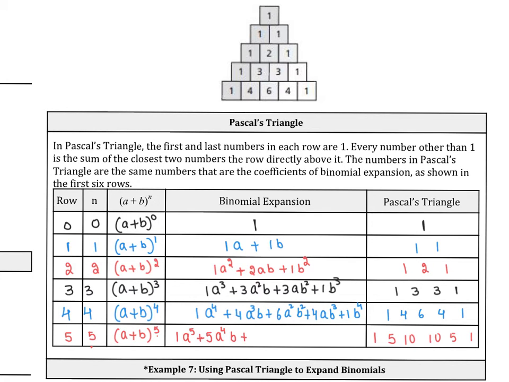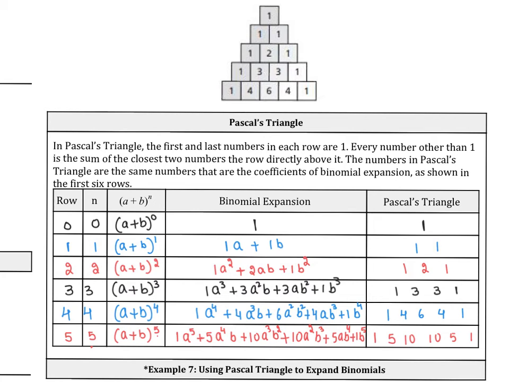Next coefficient is 10, a to the power 3, b to the power 2, and the next term is going to be 10a squared, b to the power 3, 5a b to the power 4, and 1b to the power 5.